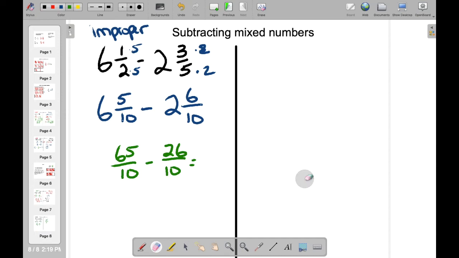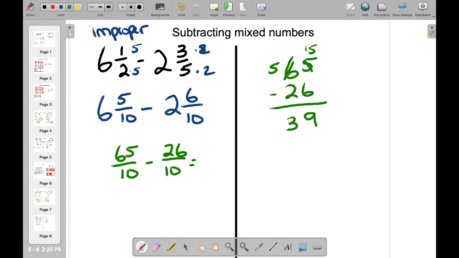From here, I need to subtract 65 minus 26, which I'm going to do the long way. I need to borrow an extra 10 here, which gives me a 9 here in the ones column and a 3 in the tens column. So I end up getting 39 tenths.